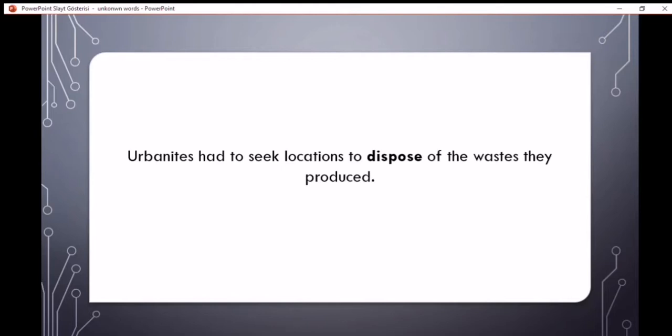We get rid of them. We either collect them or we get rid of them. I'm making an educated guess based on the word wastes and based on the fact that dispose is a verb. And this educated guess could be confirmed by just reading the following sentences.